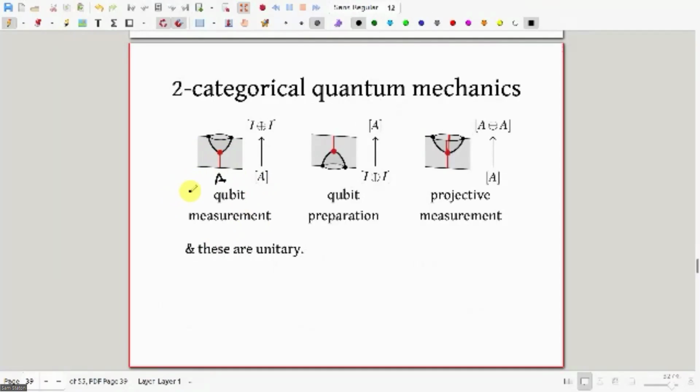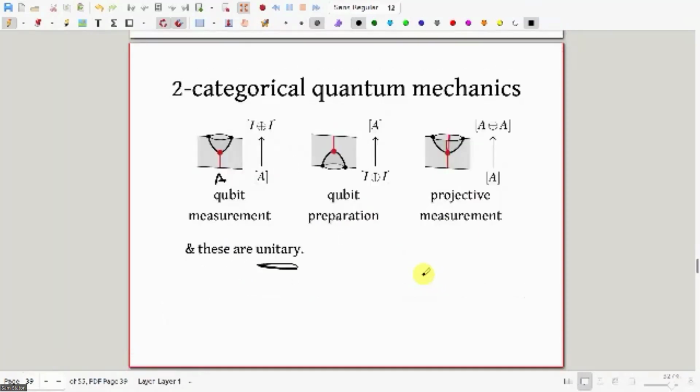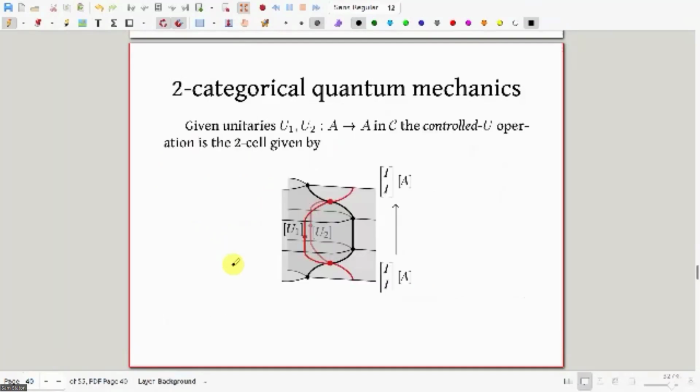So this is totally what this is. Right, and I didn't say what unitary means: a unitary two cell is one whose dagger is its inverse. So qubit measurement is supposed to be unitary, so you can undo it as well.